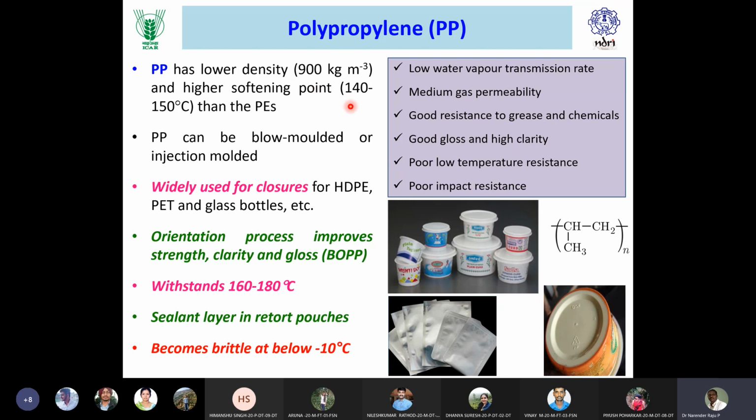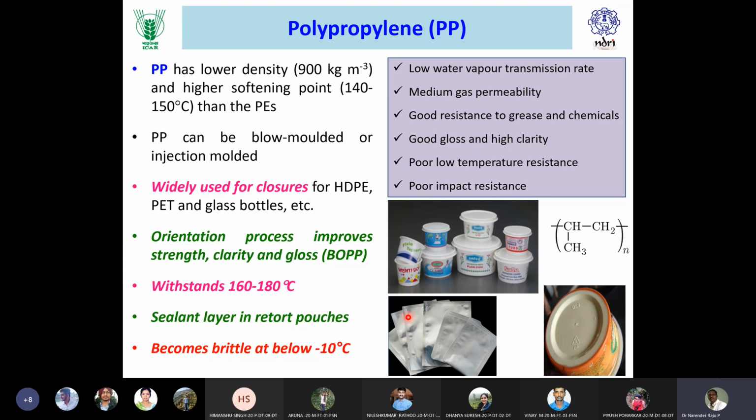Now, the biggest advantage of this material is it is having a higher melting point compared to polyethylenes. So it is a low cost material, but advantageous in terms of applications like sterilization, autoclaving, etc. Where PE cannot be used because of its low melting point, for example, in retort pouches, the sealant layer is always a polypropylene.